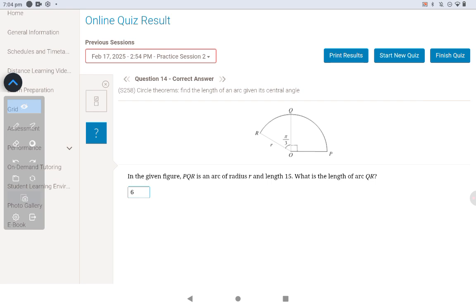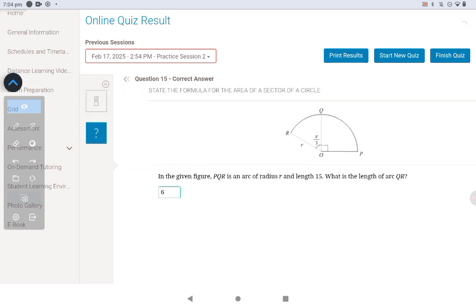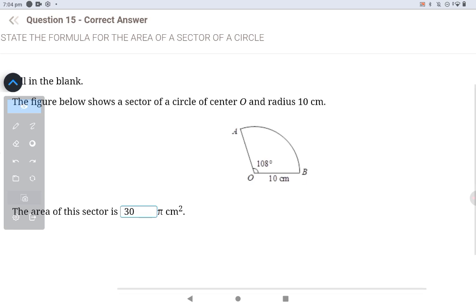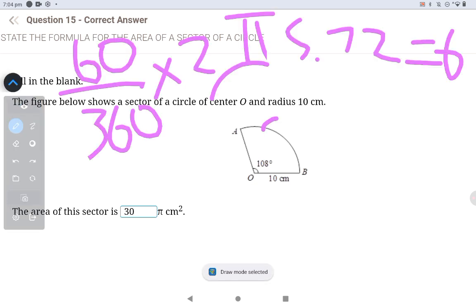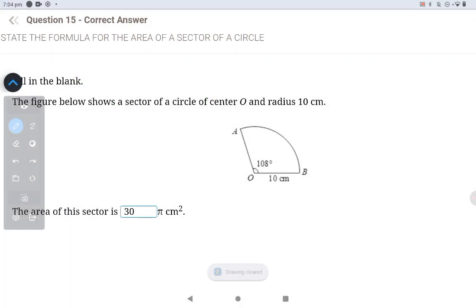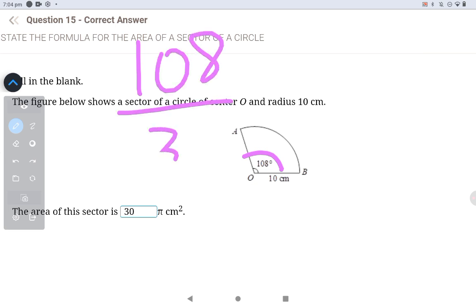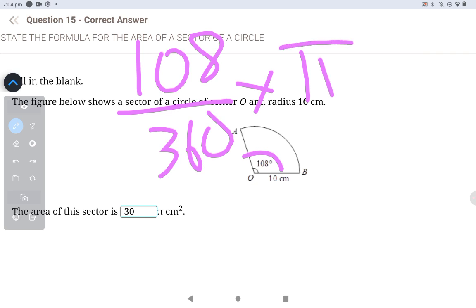Okay, last question. The figure below shows the sector of a circle with center O and radius 10 centimeters. The area of this sector is, easy. The area of a sector is theta over 360. We already have the angle, so it's easy. 108 over 360 multiplied by pi r squared, where the radius is 10 squared.